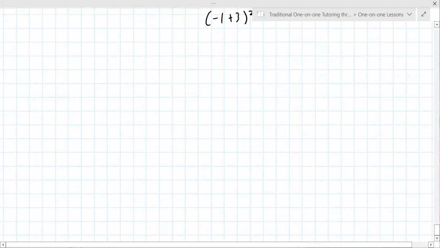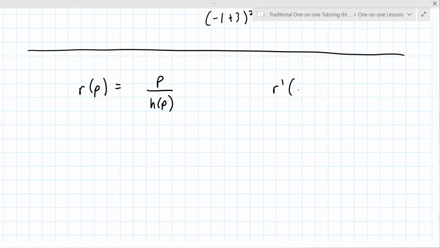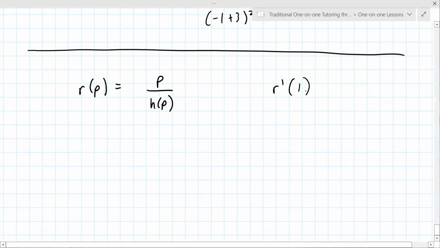So let's look at one more of these sort of symbolic derivatives. Let's say r of p equals p over h of p, and we want to find r prime of 1. And I'll tell you that h of 1 is 2 and h prime of 1 is -2. Okay.